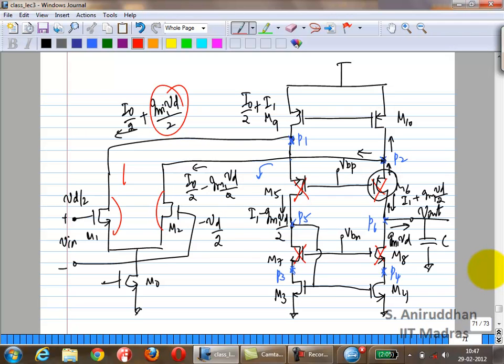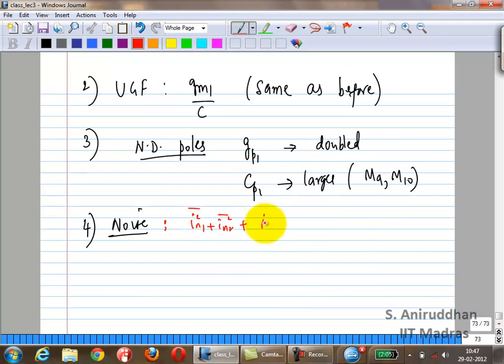What about noise from M3 and M4? They'll directly appear at the output. What about M9 and M10? They'll also appear at the output, right? Okay, so you have 6 noise sources.